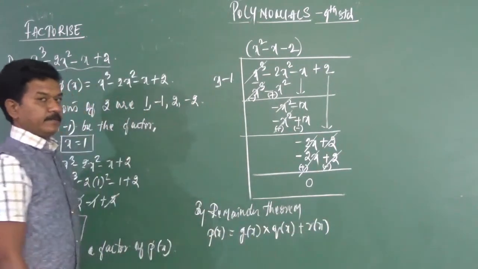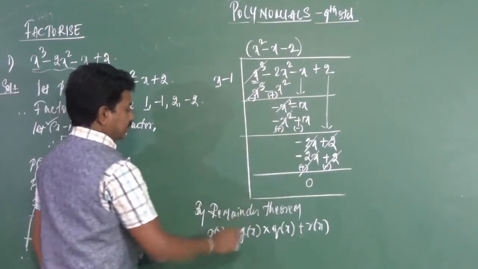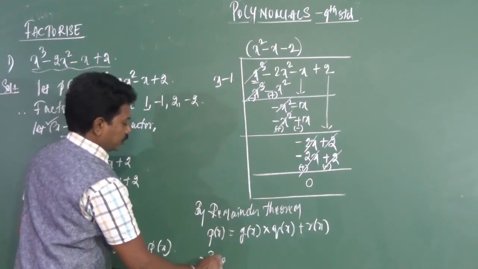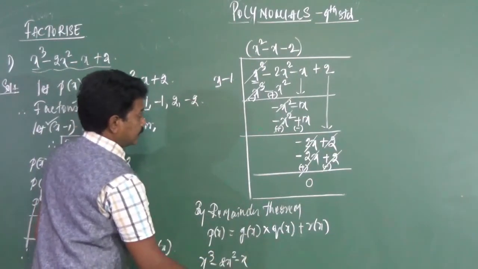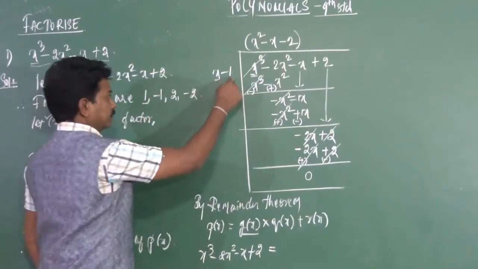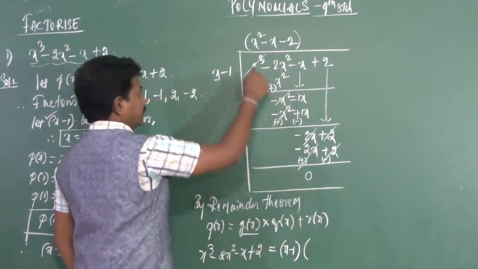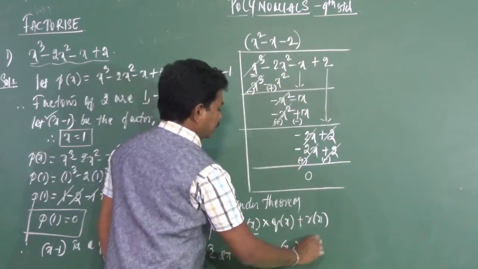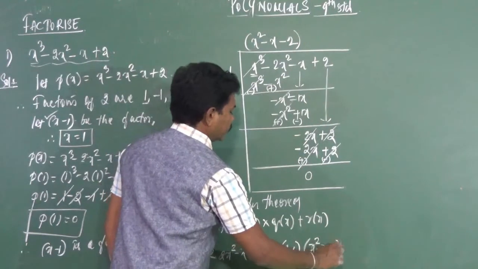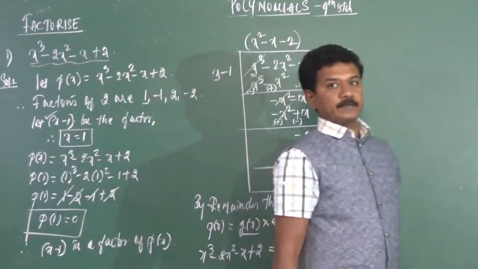So p of x is this one, that is x cube minus 2x square minus x plus 2, is equal to g of x. G of x is nothing but the divisor, that is x minus 1, into q of x. Q of x is this, that is x square minus x minus 2, plus r of x is 0. So we'll write 0 here, right?